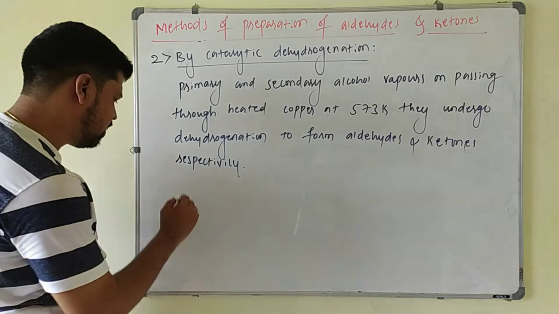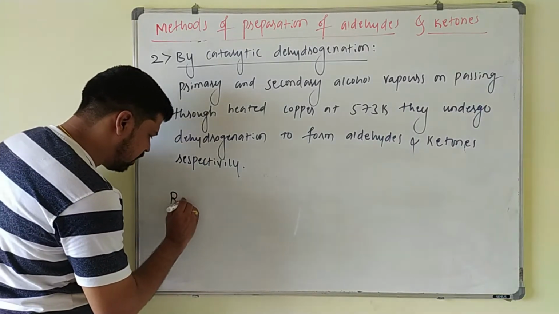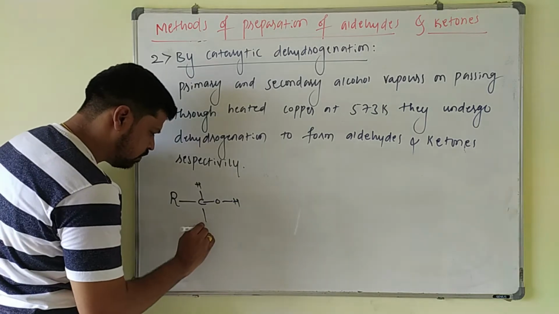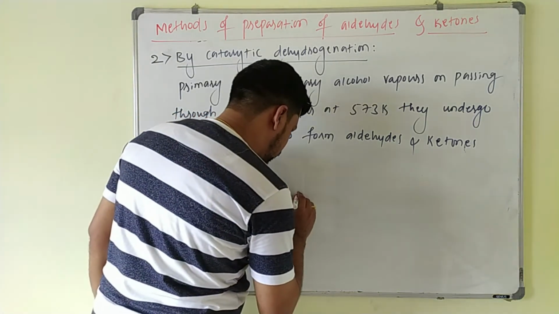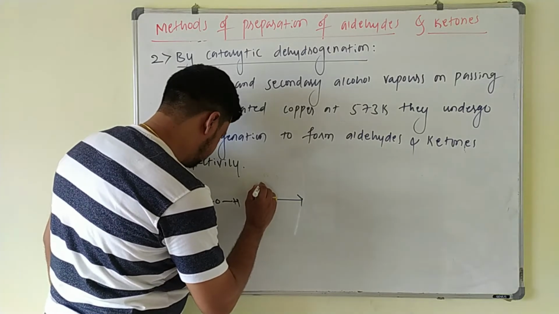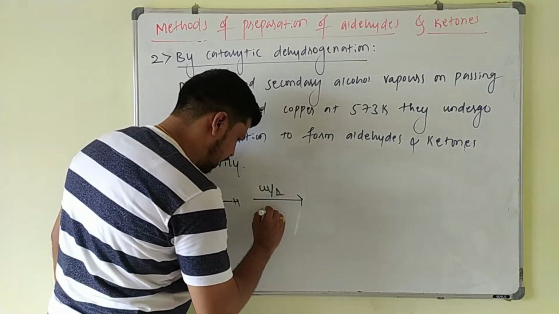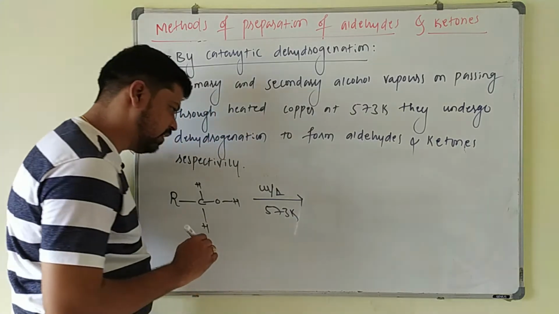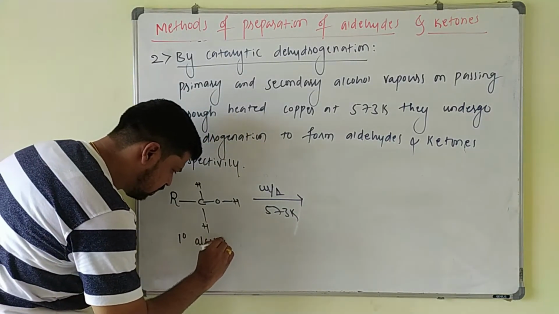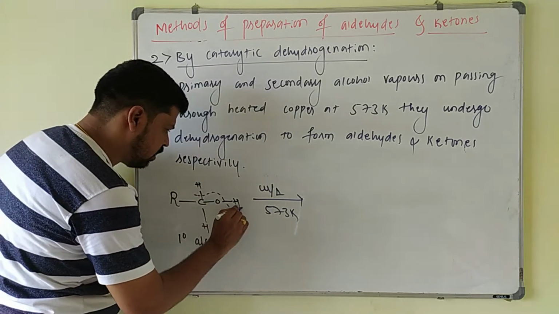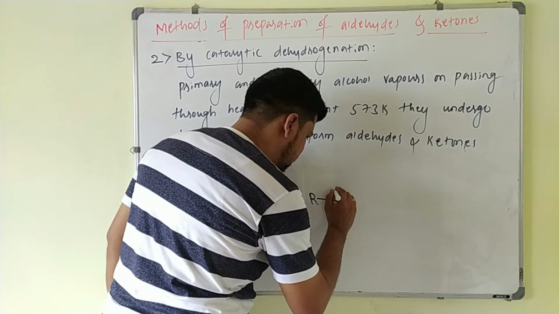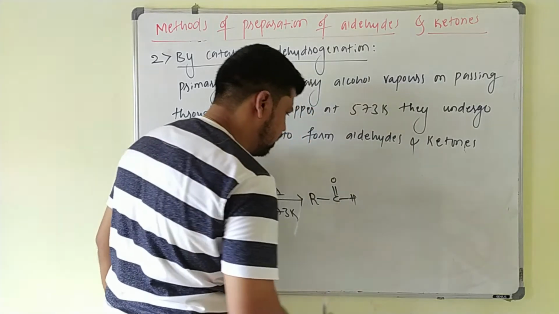Simply what you have to do is, whenever a primary alcohol, for example, if I take this primary alcohol on passing through the heated copper at 573 Kelvin, they will undergo dehydrogenation. This is the primary alcohol, which upon dehydrogenation will be converted into aldehyde, C double bond O H it is.